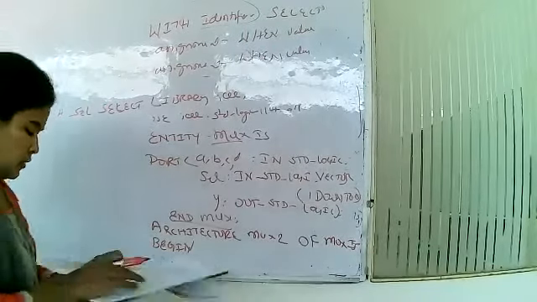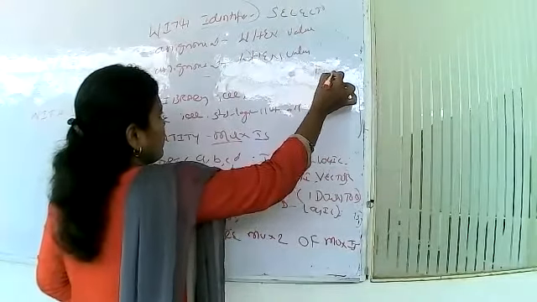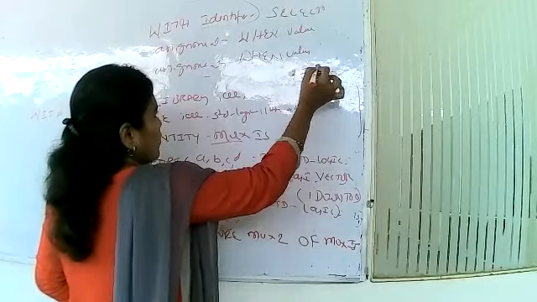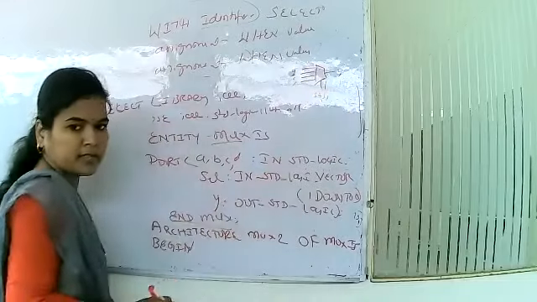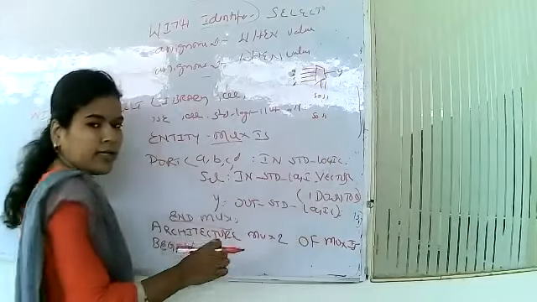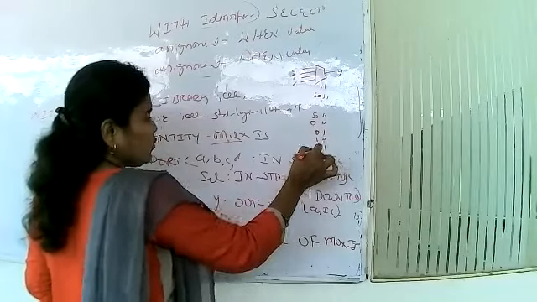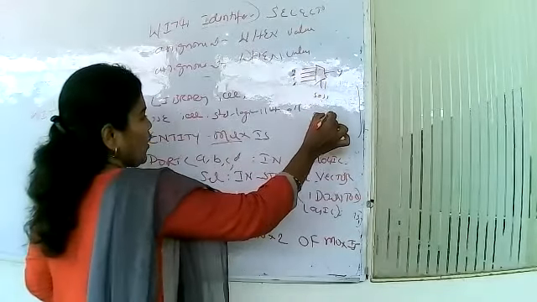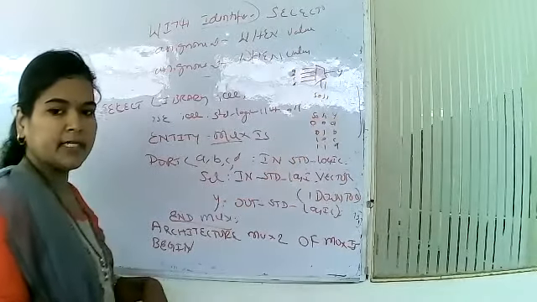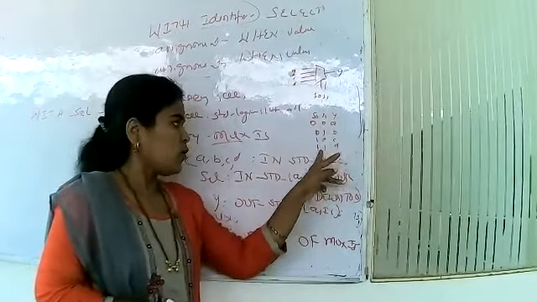Next, in the mux, what I told you is S0, S1. For that you have different combinations: 0 0, 0 1, 1 0, 1 1. I may take Y as A, B, C, D. Y will be A when the select line is 0 0, B when 0 1, C when 1 0, and D when 1 1.